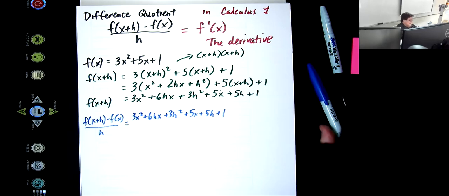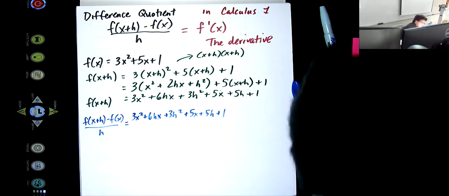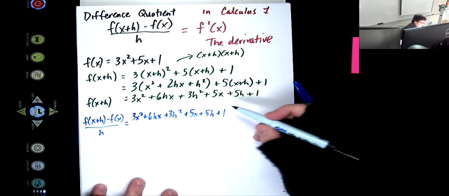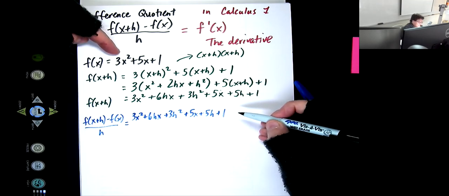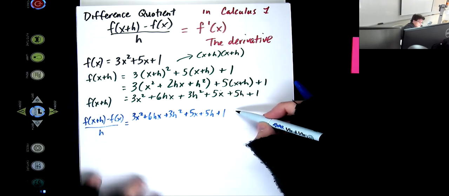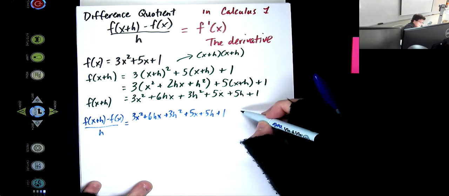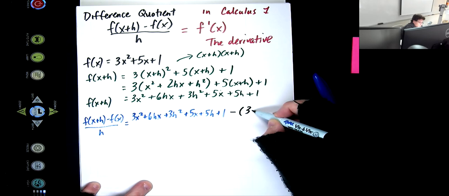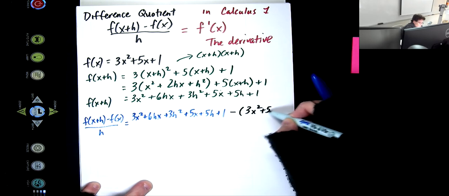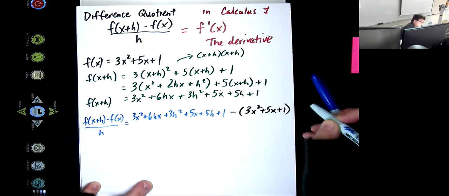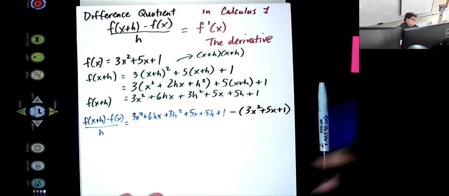And then I'm doing minus f of x, which means I'm going to hit each of these with a minus sign. So minus f of x, maybe I can put it in parentheses for now, just so we make sure everyone gets where it's coming from. Divided by h.